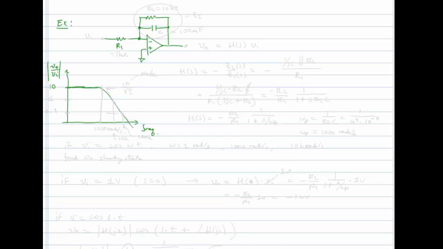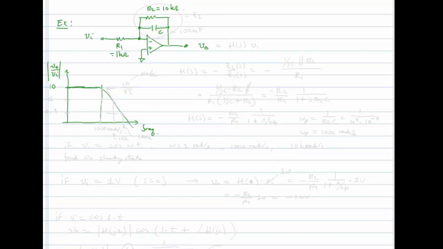I know that I have R1 here. I'm going to call that 1, I'll give it a value of 1K, and I'm going to have R2. I'm going to give that a value of 10K, because R2 over R1 is going to give me the gain of 10 that I'm looking for. And let's see, I've got to pick my value of capacitance.